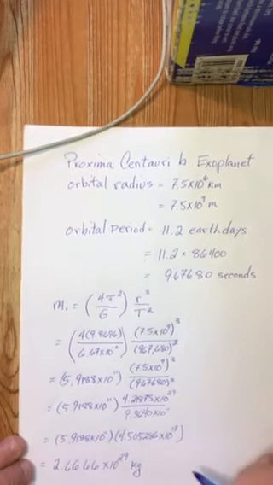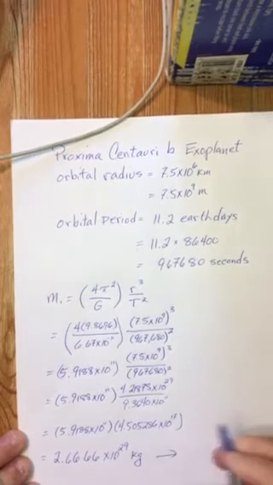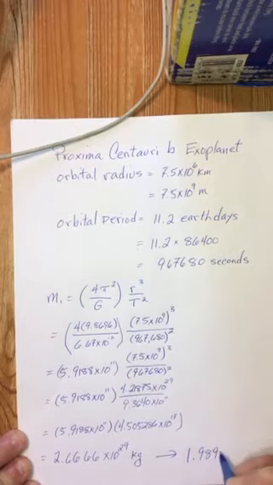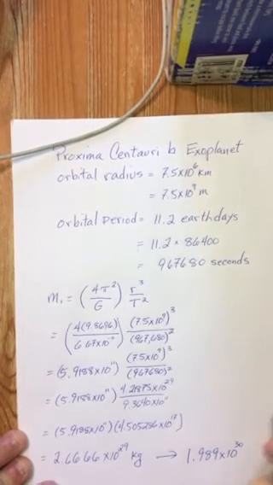Okay, and now if you recall, the mass of the Sun was 1.989 times 10 to the 30th kilograms.